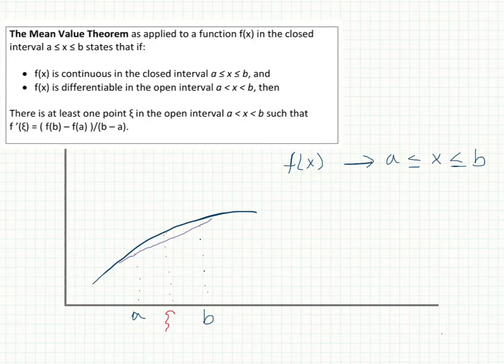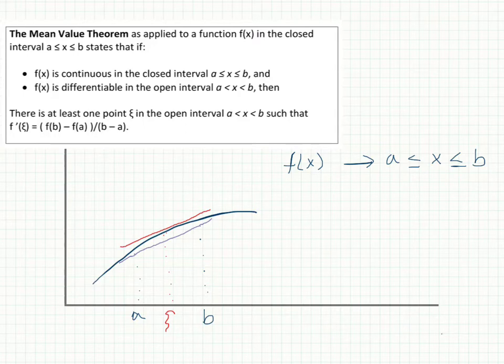If we took the tangent at c, so right about here, alright, well, the tangent would be exactly parallel to the segment that we drew between a and b. So what the mean value theorem states is that the slopes then are equal.